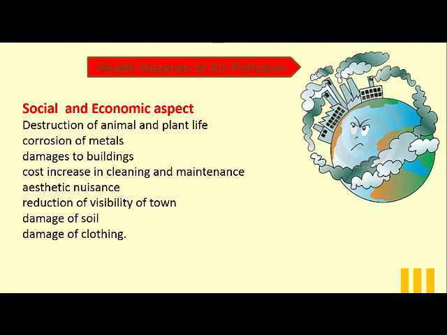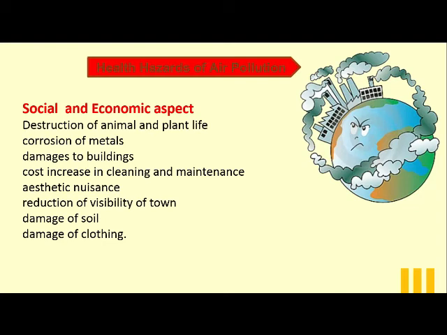Also, damage to buildings, especially the buildings made up of limestone. The limestone, when exposed to sulfuric air pollutants, becomes carbonaceous and is washed away with continuous rainfall. Then of course all these damages have to be maintained, and there is a cost increase in cleaning and maintenance.